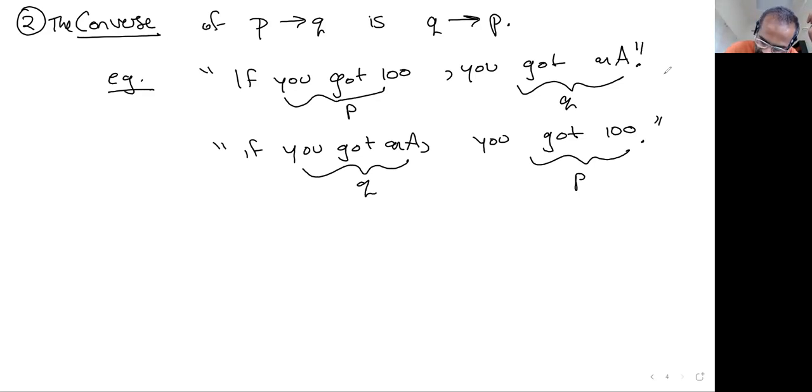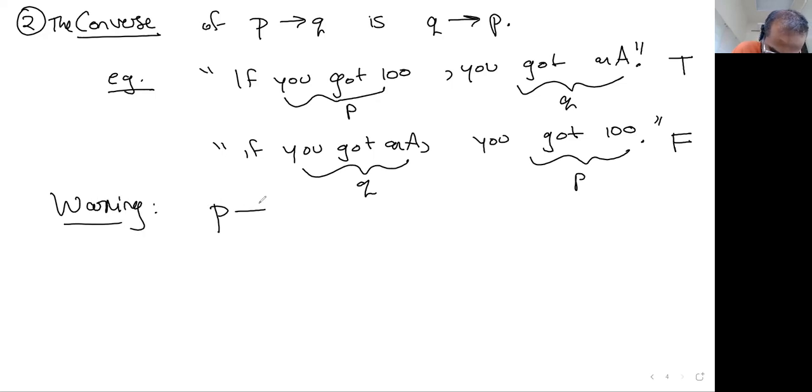So this is true and this is false. There's some background assumption here about the relationship between 100 and an A, but in the context of this class the truth values of these statements are related this way. So the important warning here is that P implies Q is not the same as Q implies P.